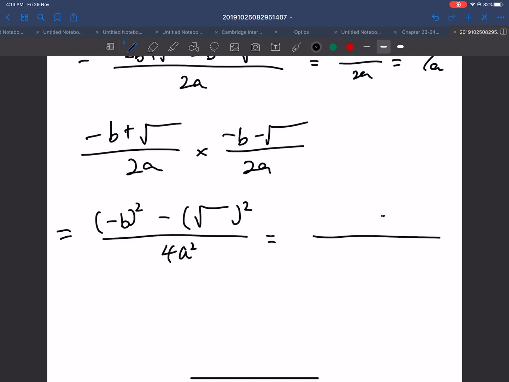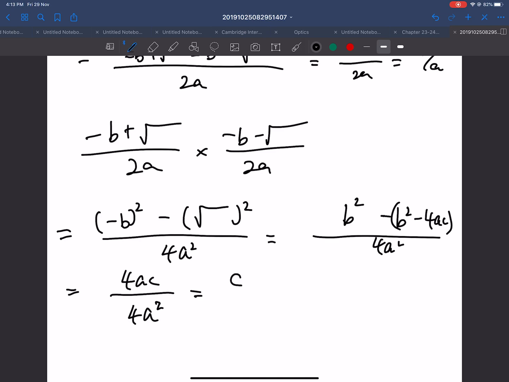Now, inside the square root there is b squared minus 4ac. It's b squared, and then what we will get is 4ac. So the final answer is c over a.